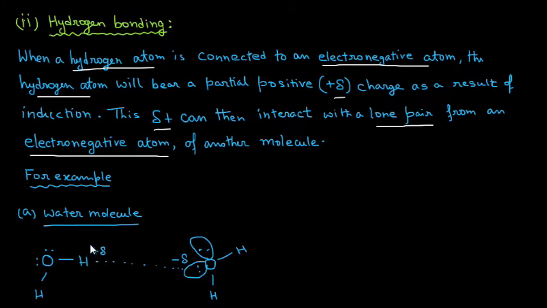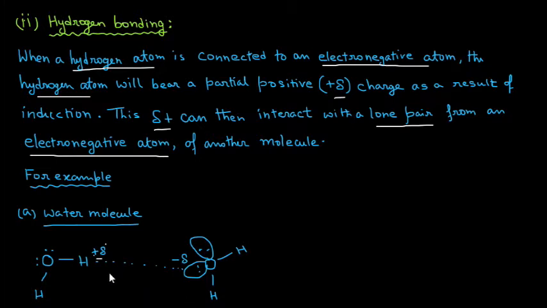For example, let us take the water molecule. So this is the water molecule. Here hydrogen is connected to an electronegative atom, that is oxygen. So hydrogen will develop a delta plus charge.